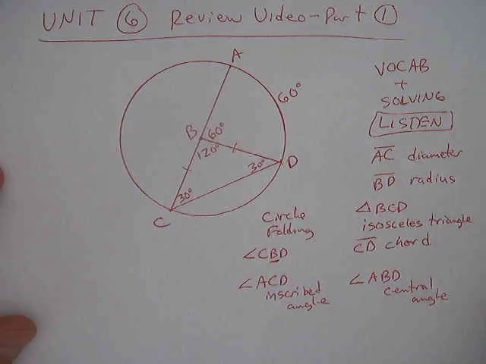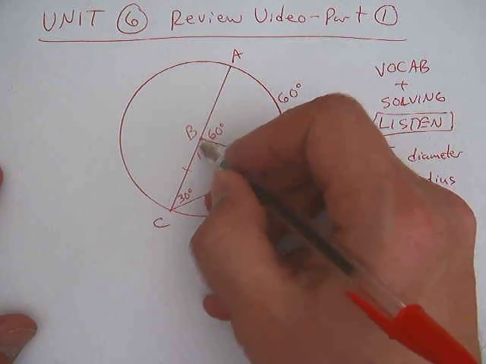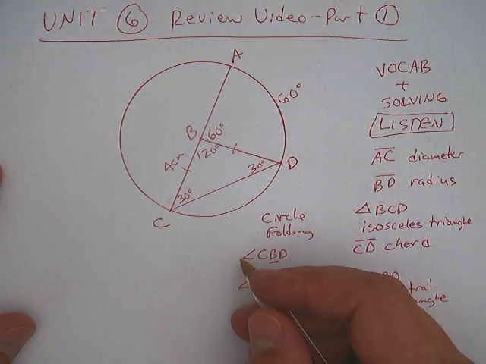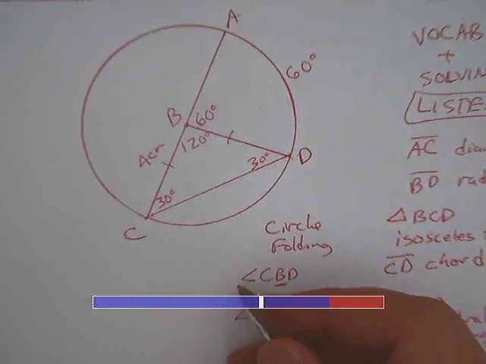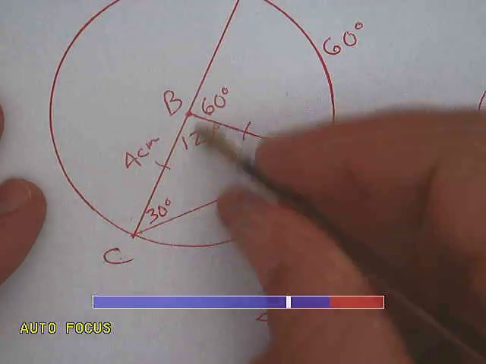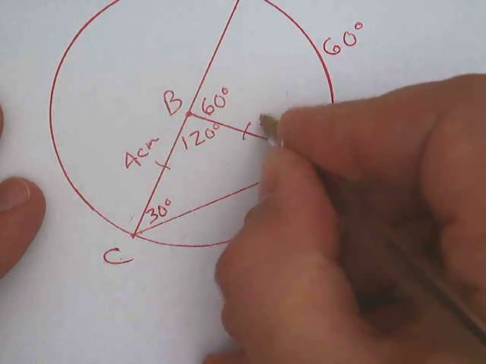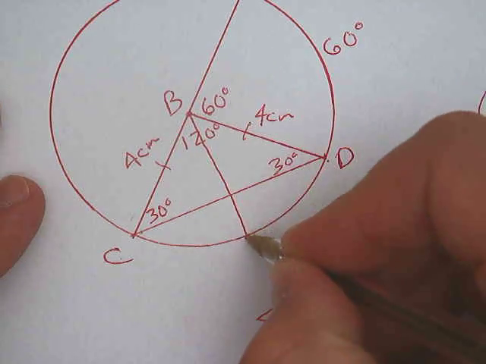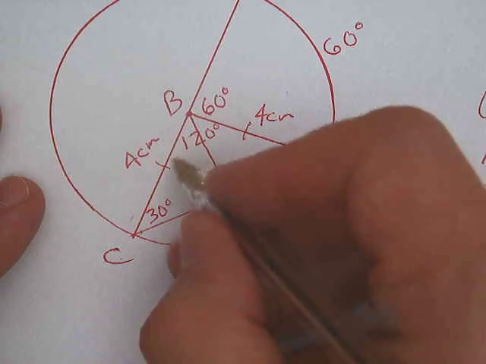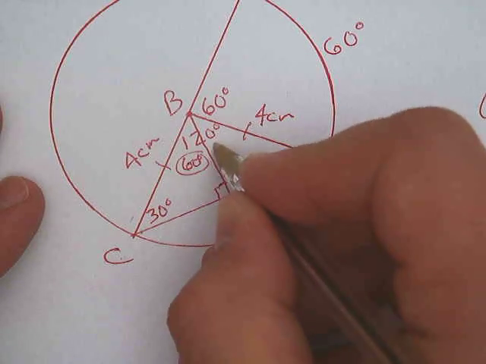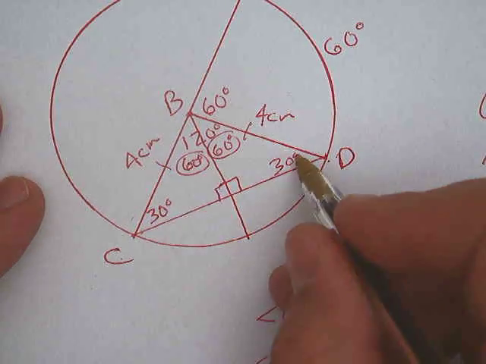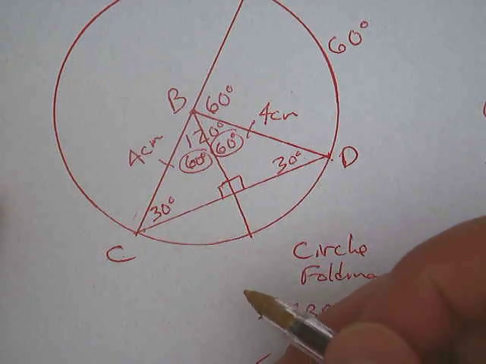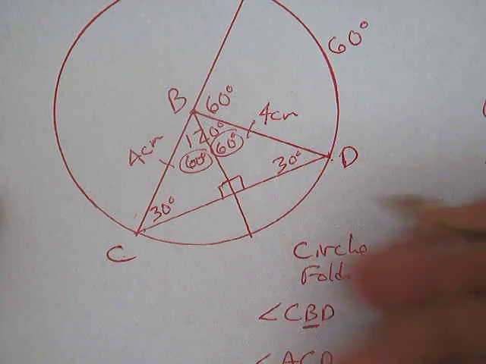So now a few other things that we did. Let's say this radius here is 4 centimeters. And I'm going to zoom up a little more so you can see better what I'm writing. This is 4 centimeters. This is going to be 4 centimeters. If we were to divide this in half, make this 90, make this 90, that means this is 60, this is 60, and those are 30, 30, and this is 90.